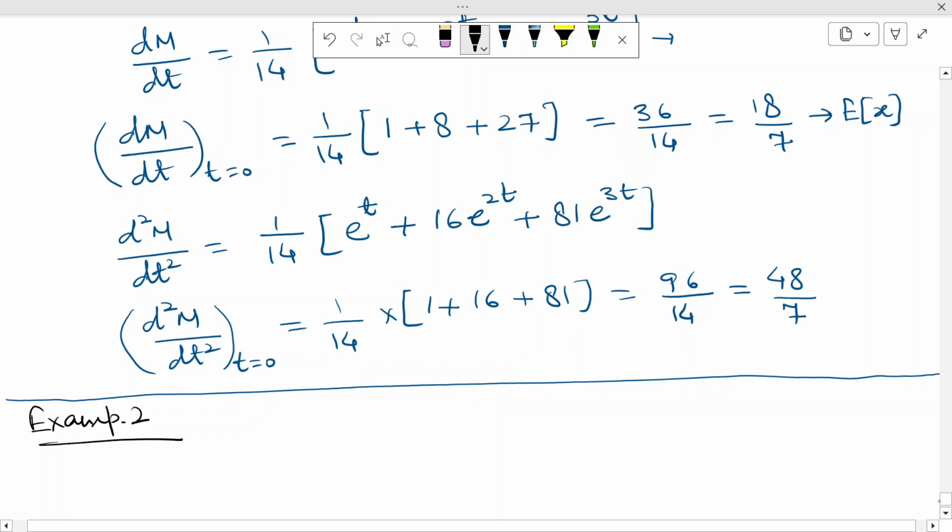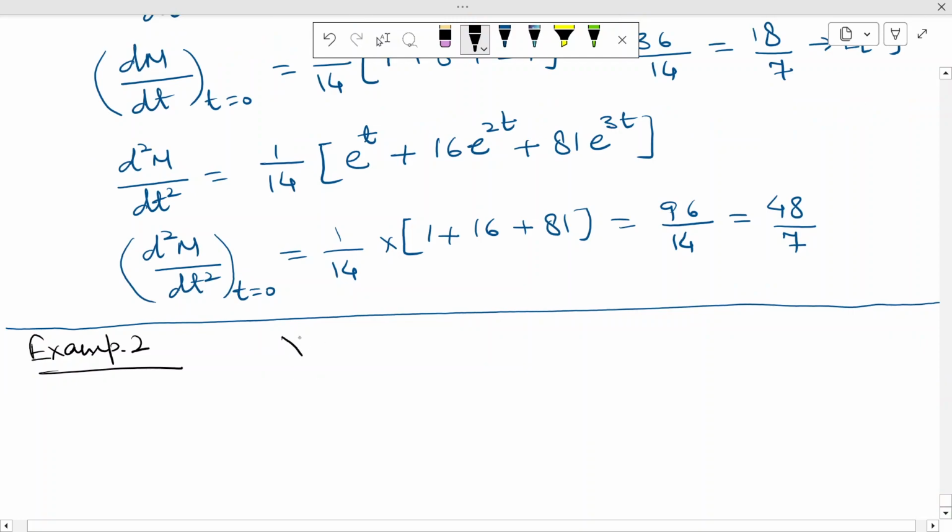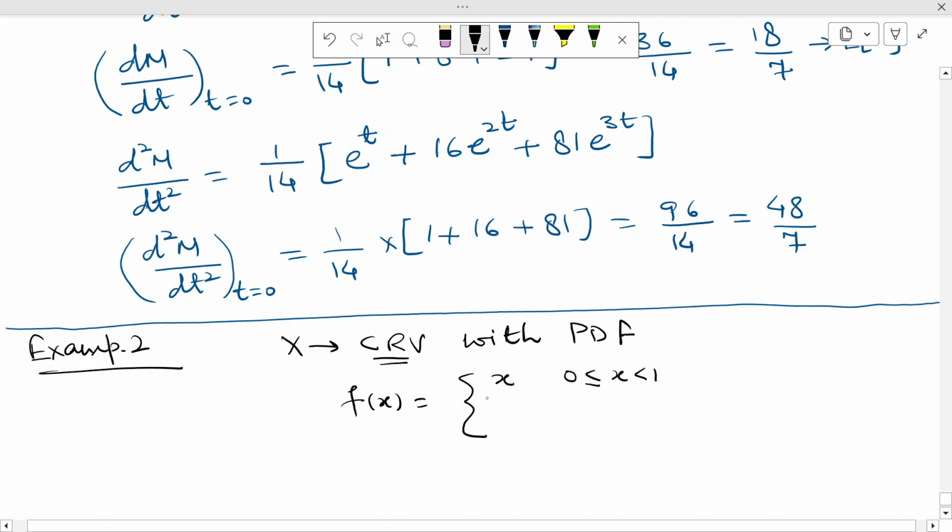So again here we are provided with a continuous random variable. So this time x is a continuous random variable with PDF which is defined as f(x) as x when x lies between 0 and 1, and this is 2 minus x when x lies between 1 and 2, and it is 0 for all values greater than or equal to 2.